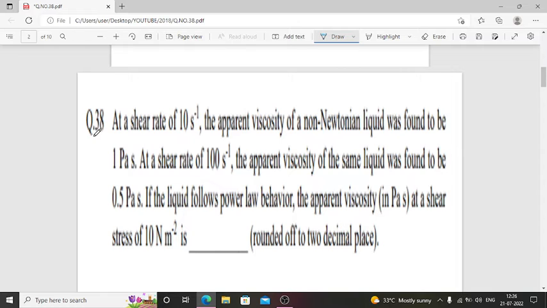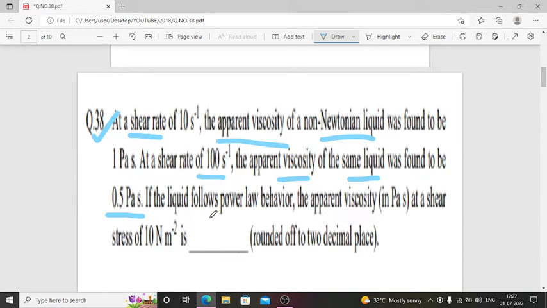Question number 38. At a shear rate of 10 second power minus 1, the apparent viscosity of a non-Newtonian liquid was found to be 1 Pascal second. At a shear rate of 100 second power minus 1, the apparent viscosity of the same non-Newtonian liquid was found to be 0.5 Pascal second.